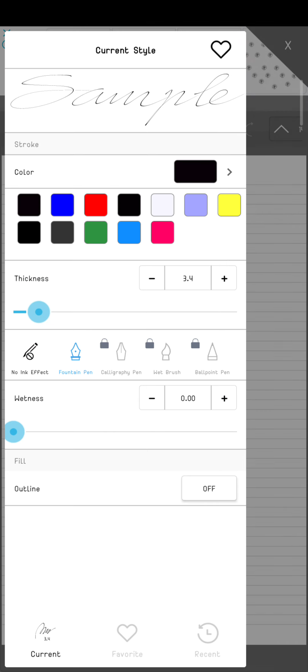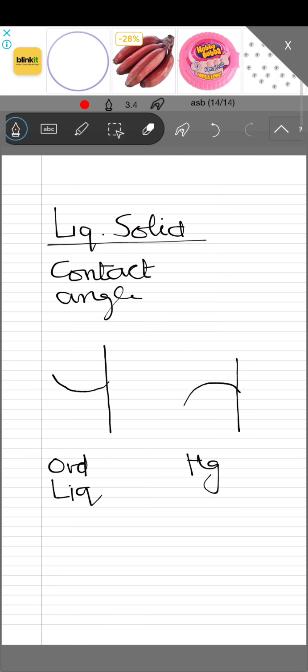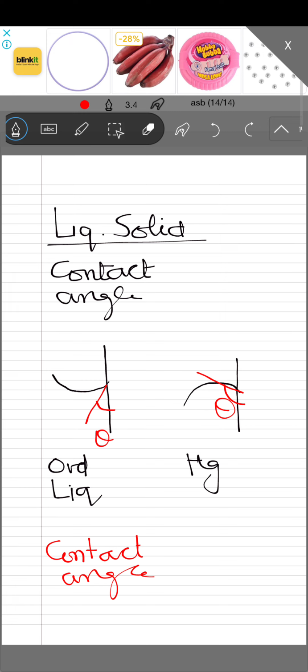Now, the angle which is created at the interface, this angle, or rather this angle, these are called contact angles. So here the contact angle theta is less than 90 degrees, whereas in this case it is more than 90 degrees. Contact angle or angle of contact.